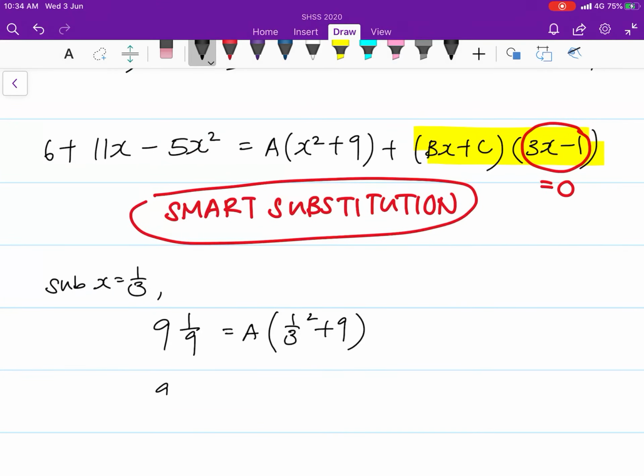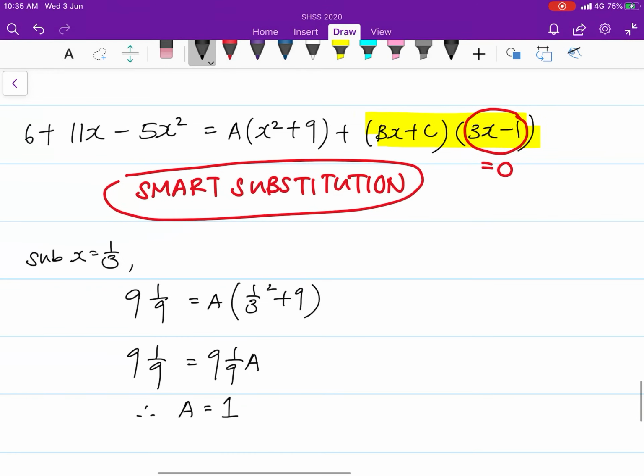And 9 and 1 over 9 is equal to 9 and 1 over 9 a. So therefore, immediately you get the value of a is 1. And you are done.